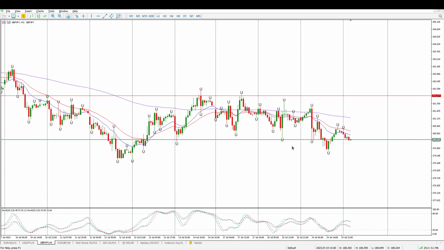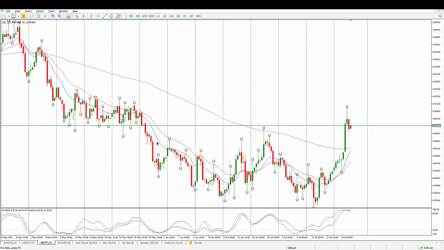So I suspect what you're looking for is pretty much the same level as yesterday. We're looking for this area here, which is 182.91. So I'm looking for a break and retest of that before looking for a move to the downside.